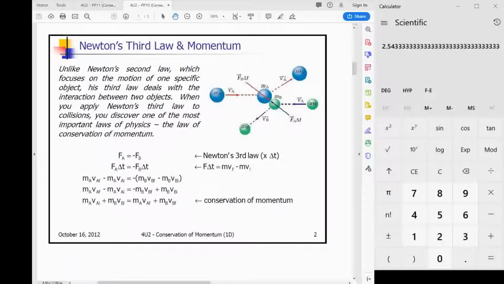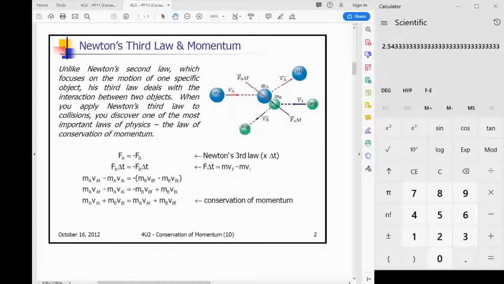Because of Newton's third law, that every force has an equal and opposite reaction, so the F action is equal to negative F reaction.